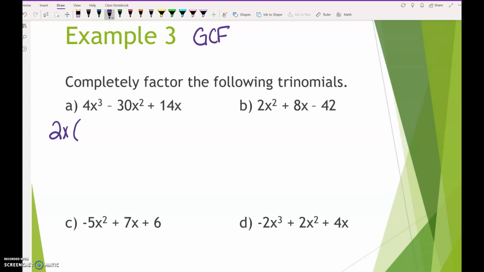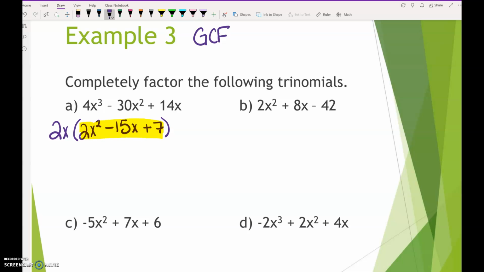4x to the third divided by 2x is 2x squared. -30x squared divided by 2x is -15x. 14x divided by 2x is +7. From this point on, we are going to be focusing on this trinomial.